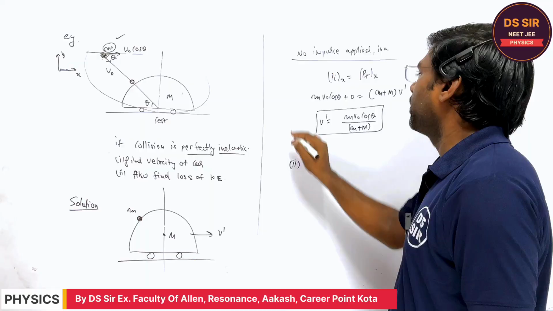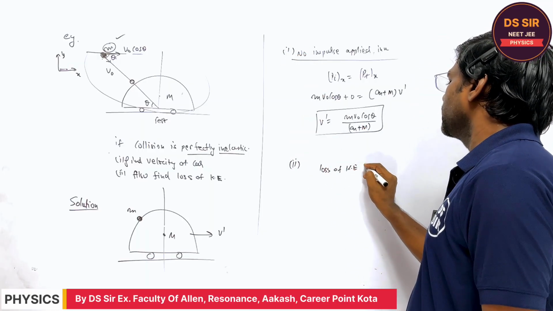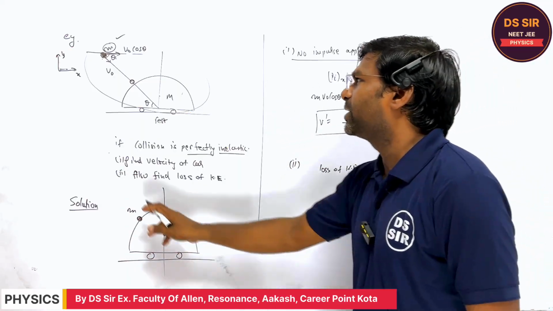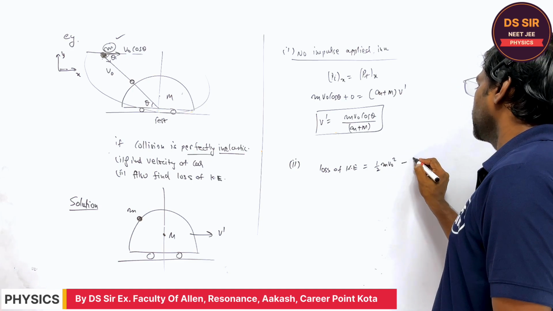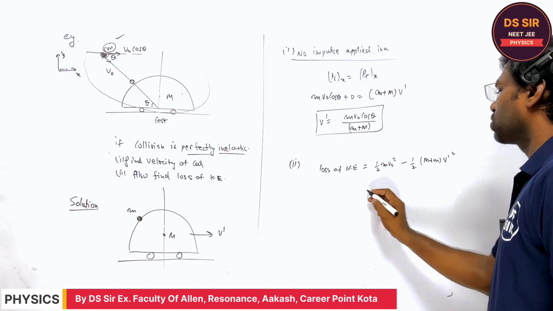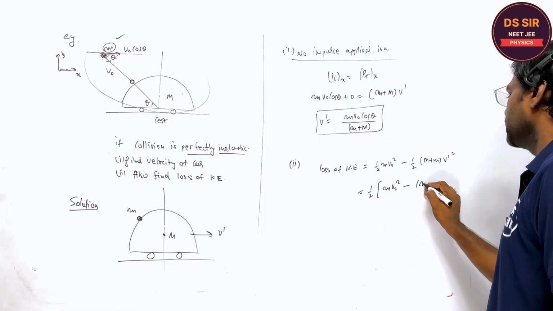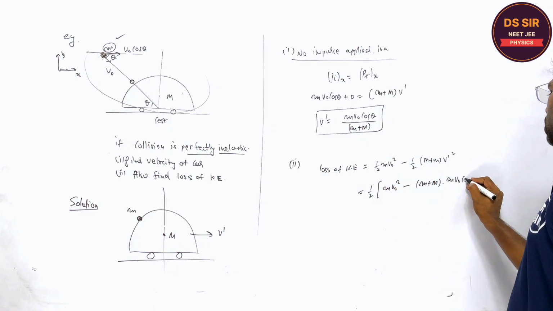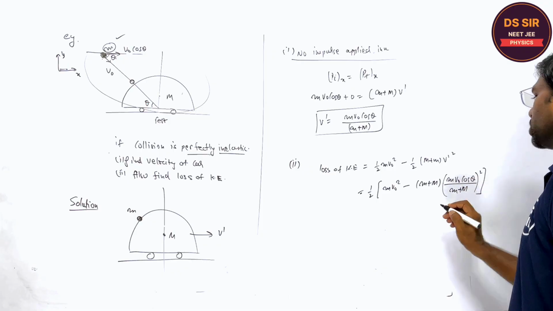Now in the second part, the loss of kinetic energy. Because the collision is inelastic, there will be some loss of kinetic energy. So the initial kinetic energy is half m v naught square, minus the final kinetic energy, half (m plus M) v dash square. If I take half m common: v naught square minus (m plus capital M) times (m v naught cos theta upon m plus capital M) whole square.